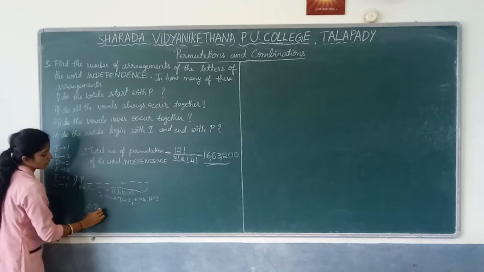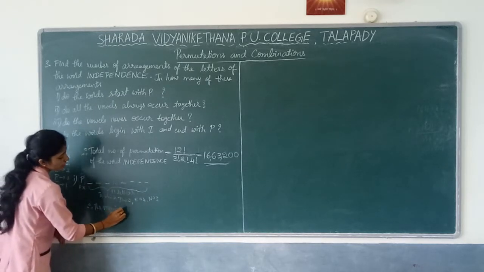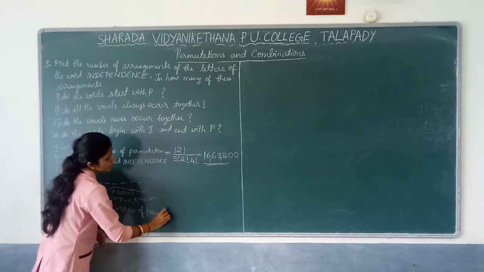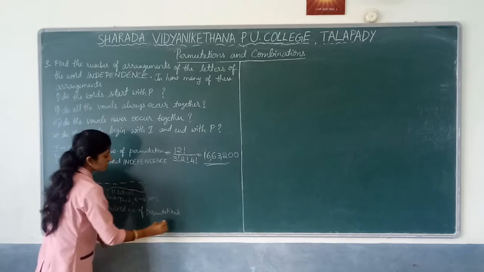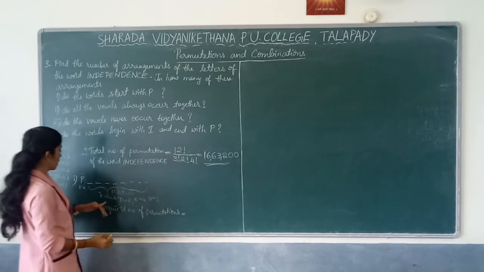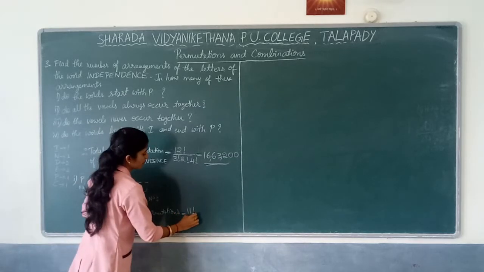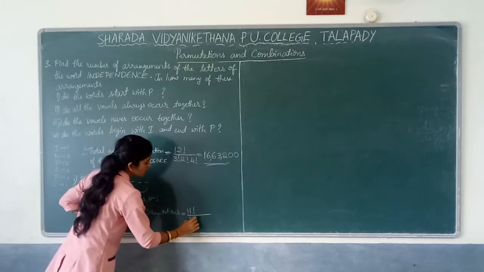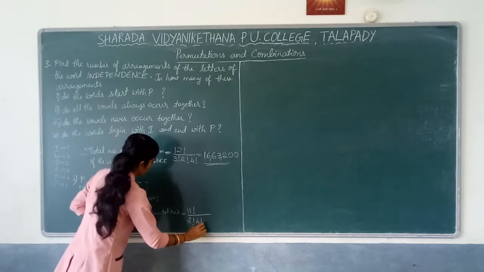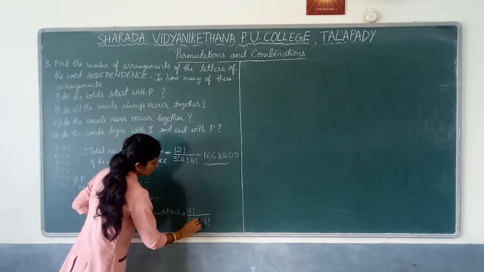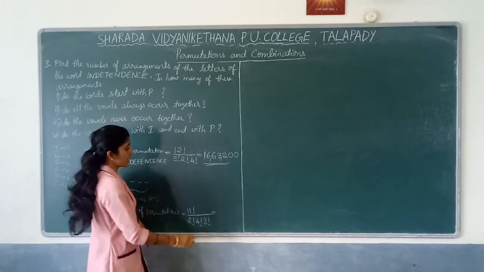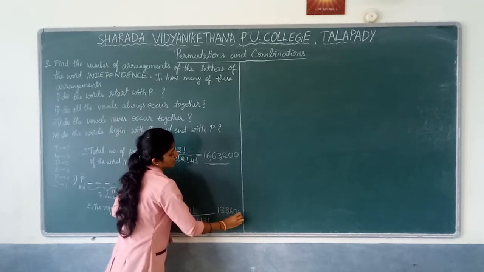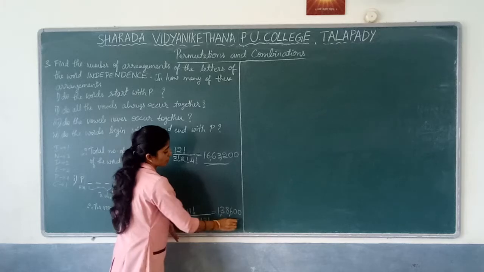Therefore, the required number of permutations, or arrangements, is equal to 11 factorial divided by 2 factorial for D, 4 factorial for E, and 3 factorial for N. Simplify this and you will get the answer as 138600. Check what you get.